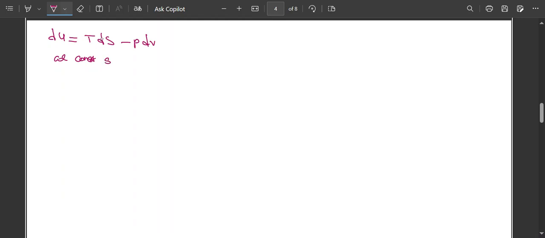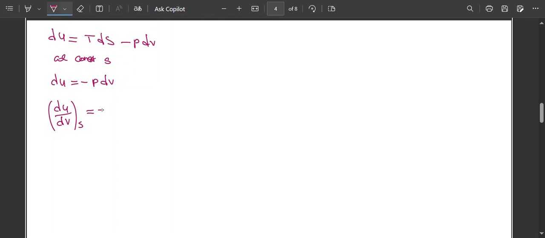If at constant S, the meaning is dS is 0, right? So we'll say dU is equal to negative P dV. You've seen, we want to cancel this V, so we'll differentiate with respect to V. So I'll say differentiate this one with respect to V, so that will be dU over dV, done at a constant S, the entropy.